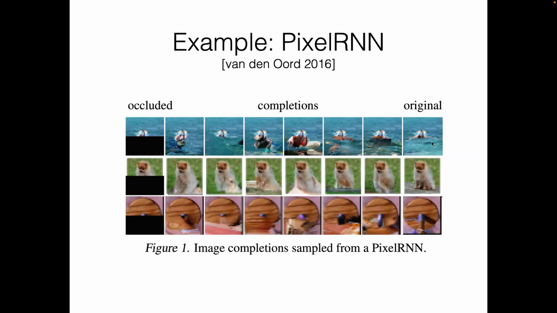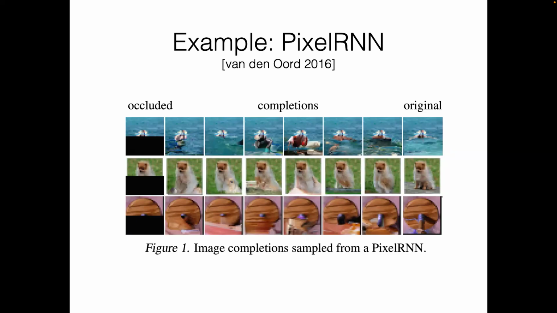Here's the original image, I think a person swimming or something like that, and you can see the different completions it came up with. Similarly, this one's an animal, and it comes up with different completions, and here's the original, and here's another example.